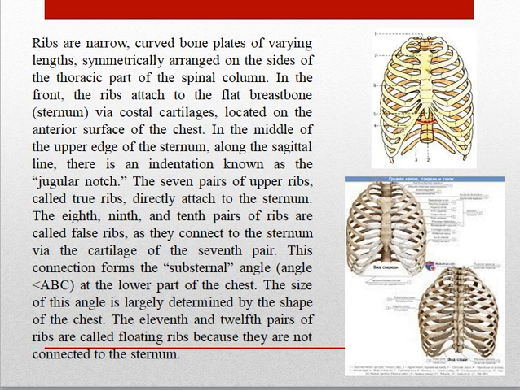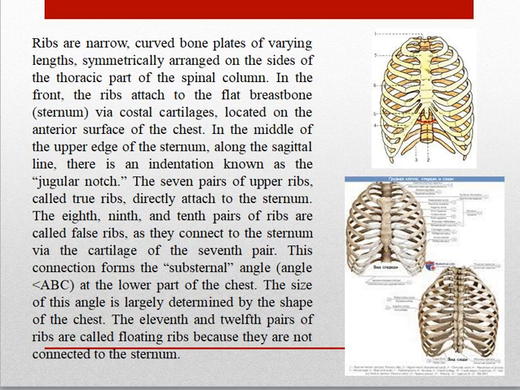In the middle of the upper edge of the sternum, along the sagittal line, there is an indentation known as the jugular niche. The 7 pairs of upper ribs, called true ribs, directly attach to the sternum.